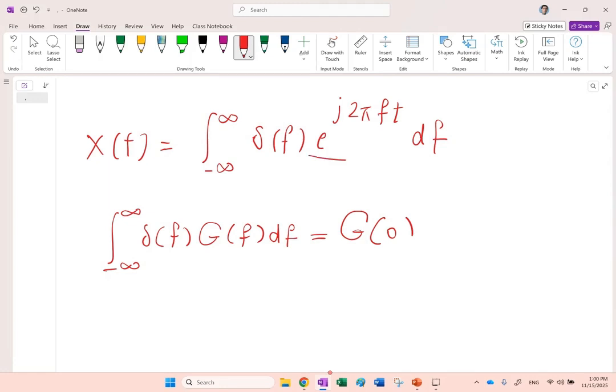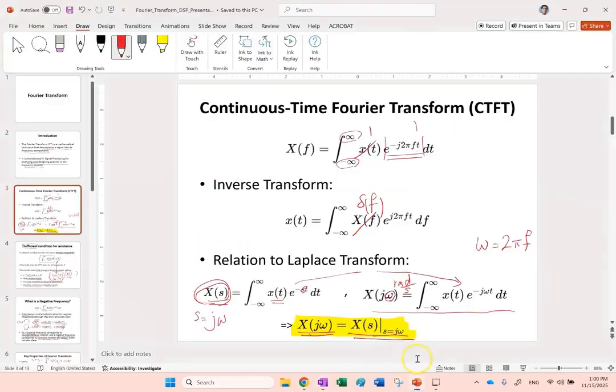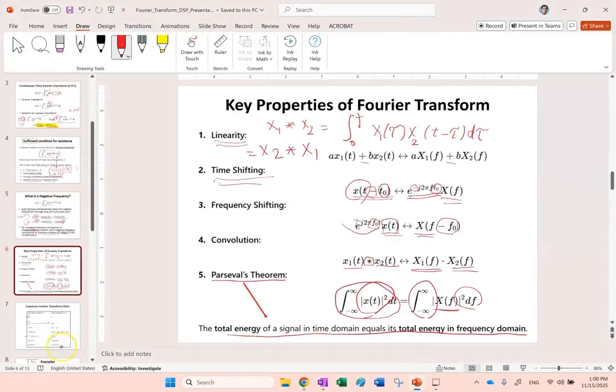So that's the same thing here. This is the g of f. So if you plug 0 in it, what would you get? You get e to the 0, which is 1, and that is exactly what you will get. So you see, if I apply the Fourier inverse to the delta of f, the result is 1, and so I can claim this.